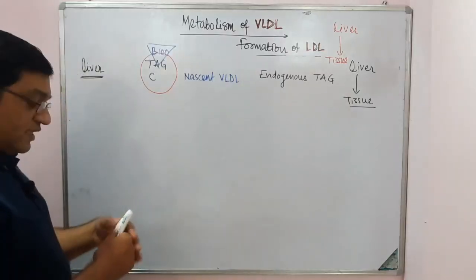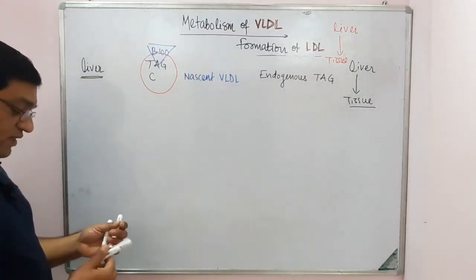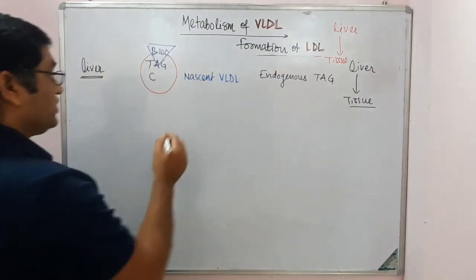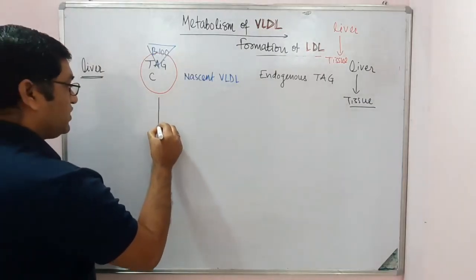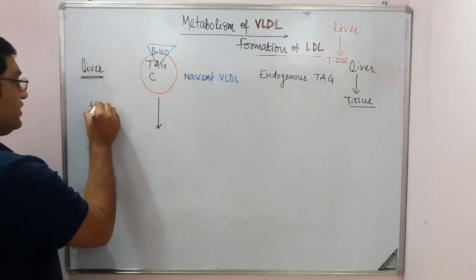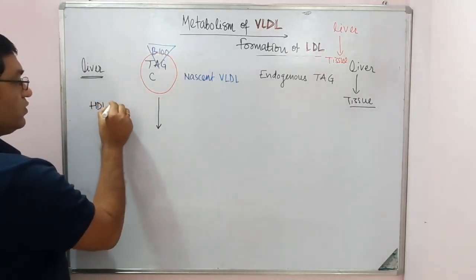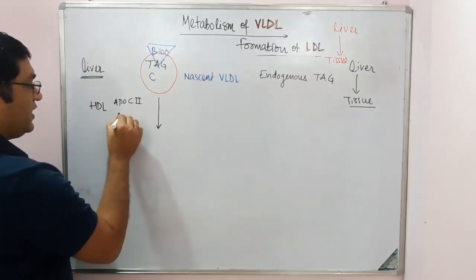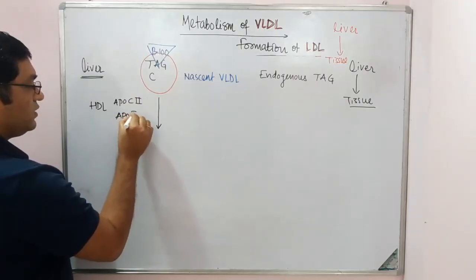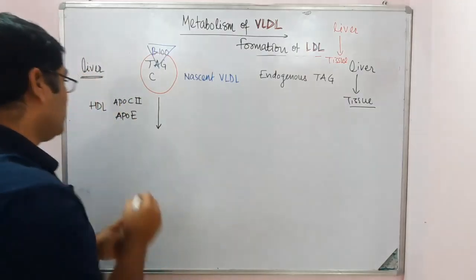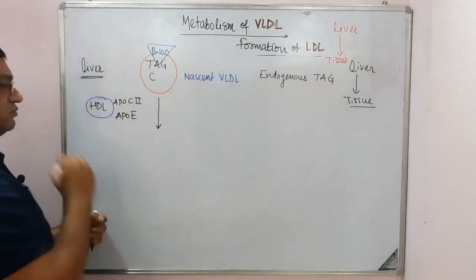Now, the second step in the metabolism of VLDL is maturation. Maturation of VLDL occurs by acquiring ApoC2 and ApoE, meaning apolipoprotein C2 and ApoE, from the HDL.